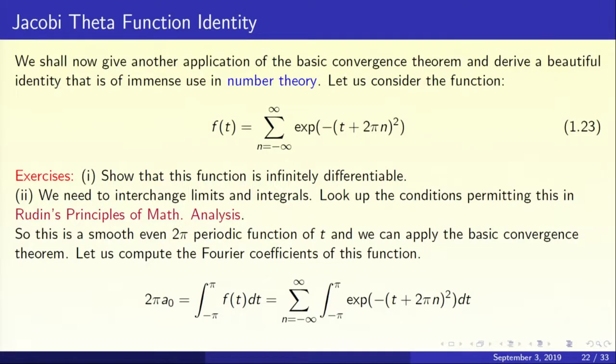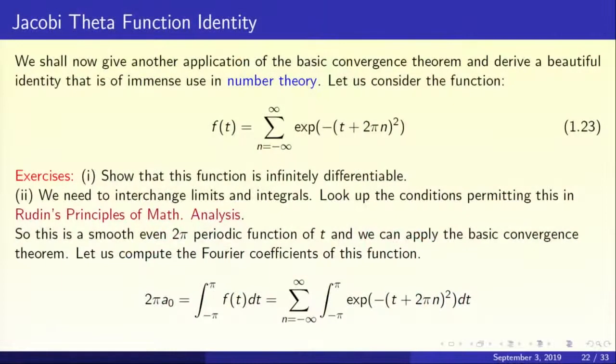It becomes t plus 2 pi times n plus 1. But n is going from minus infinity to plus infinity. So we immediately see that f of t plus 2 pi is the same as f of t. This function f of t that I had displayed as equation 1.23 is a 2 pi periodic function.